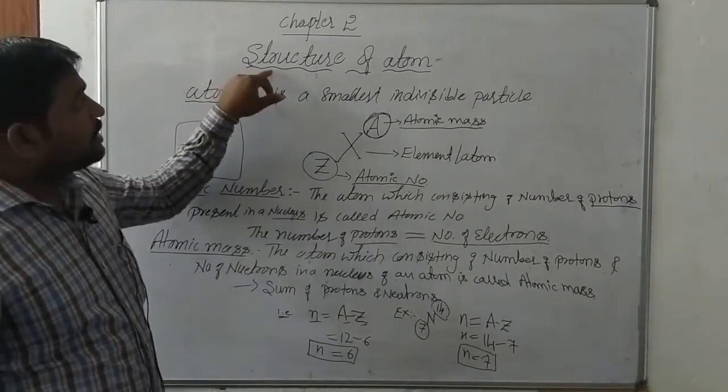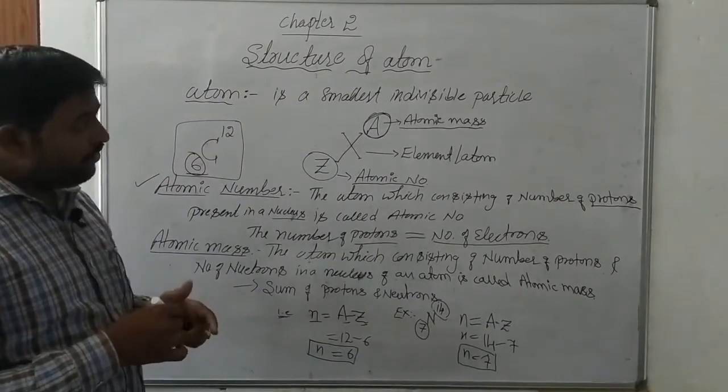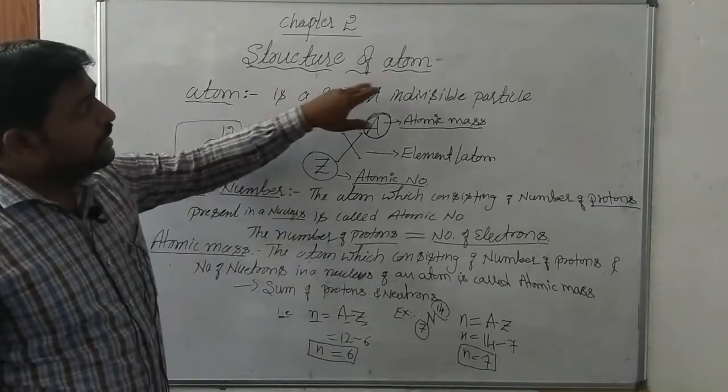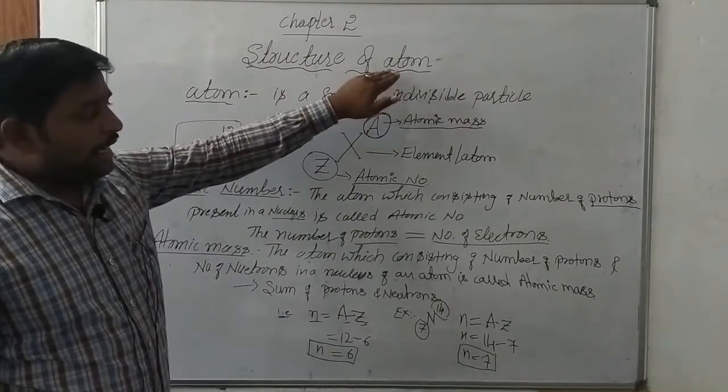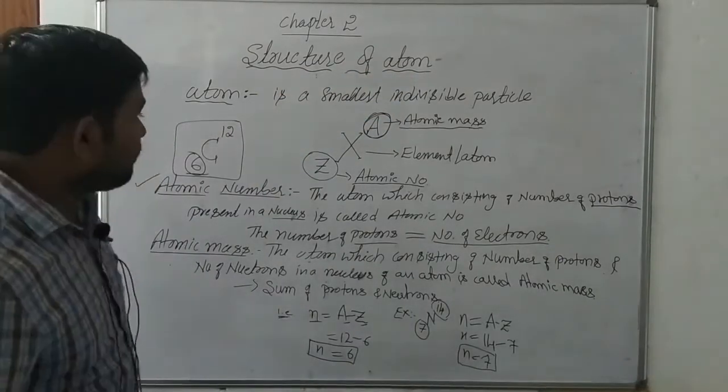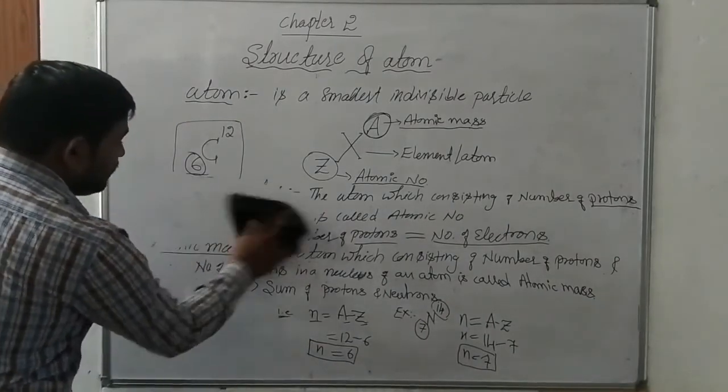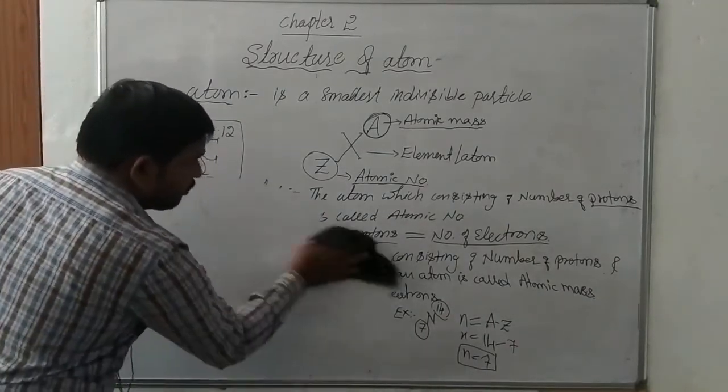Now, the structure of an atom. In the structure of an atom, we consider the subatomic particles in the element's atom. So what are the subatomic particles? The atom consists of three subatomic particles.